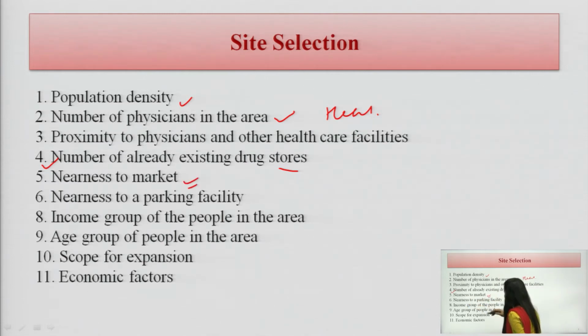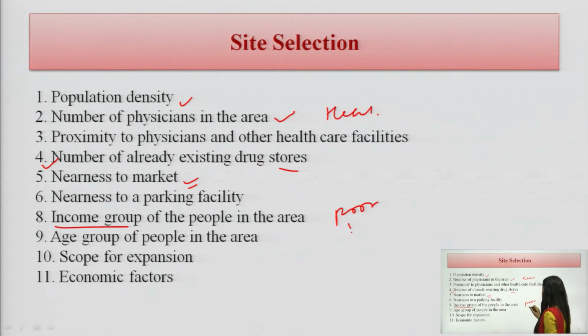Nearness to the market, parking facility, and how the traffic is. What is the income group in that area, meaning whether the population is poor, rich or middle class.